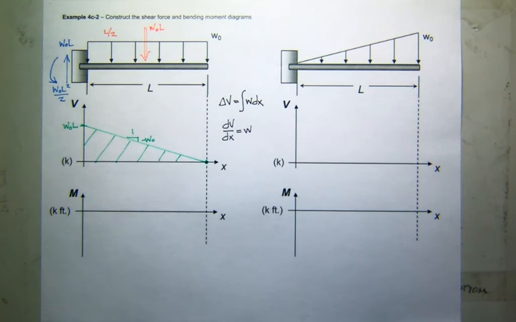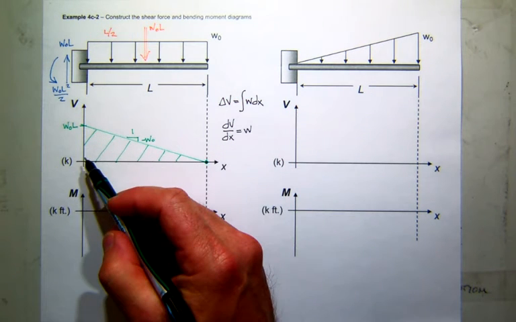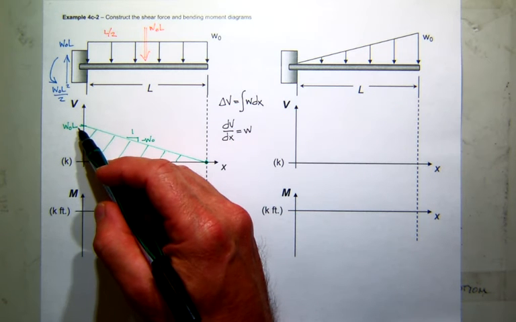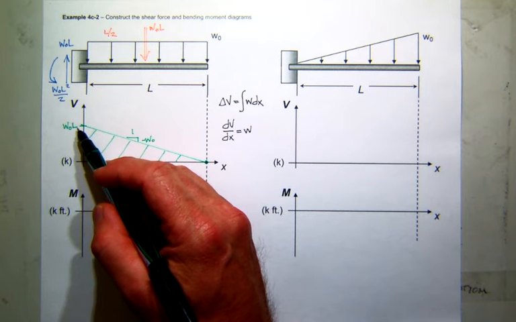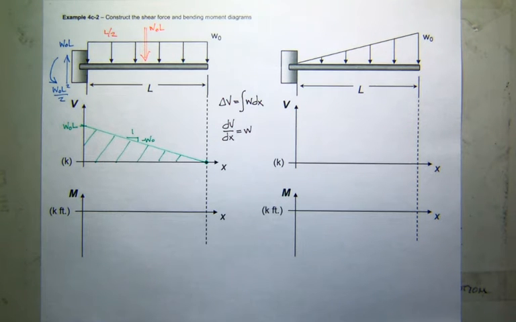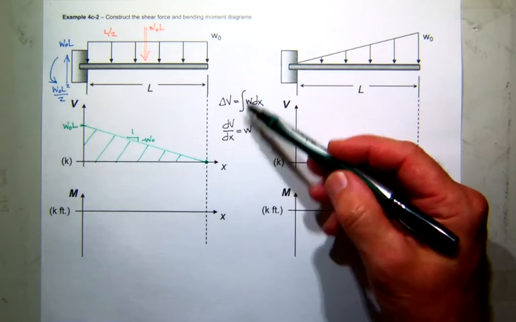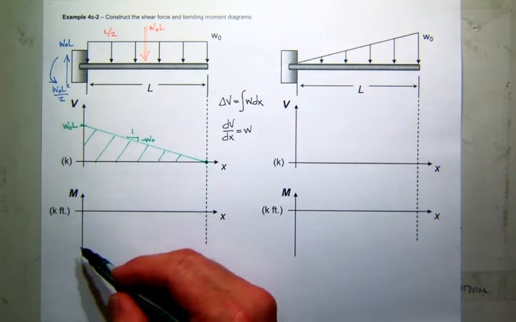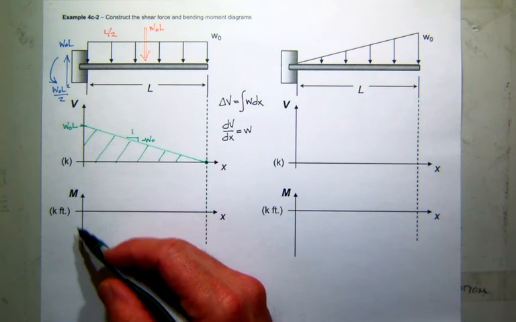Where's my shear max? At the fixed connection, and what's its value? W naught L. And it decreases linearly to 0. So now I can use this and similar relationships to construct the moment diagram. So starting here at the left side, what's my bending moment?